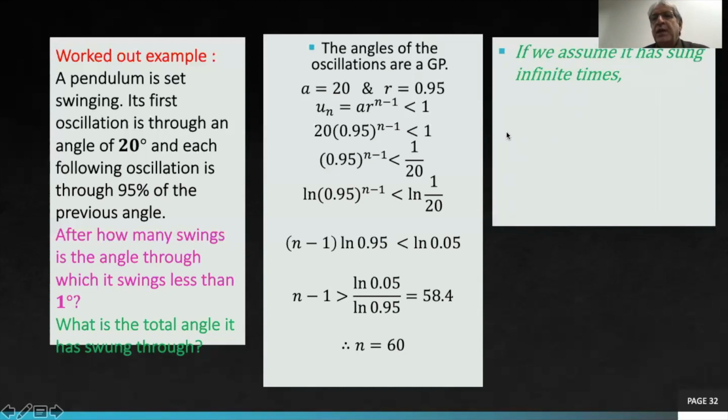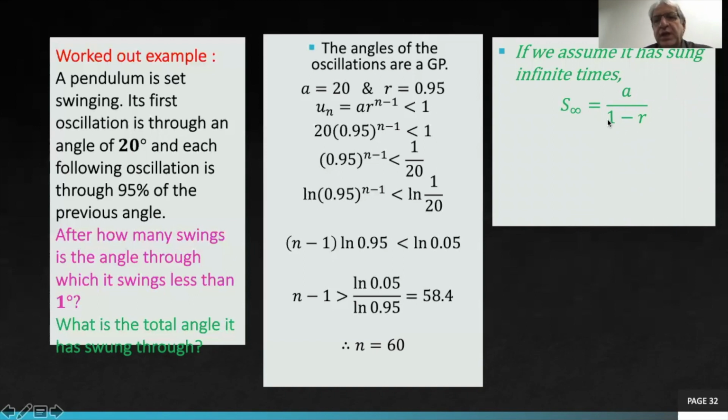Now, if we assume it has swung infinite times, that means after some time, as we have discussed, the terms are so small we can neglect them, and the sum will be the sum to infinity. Therefore, now we can use S to infinity, a divided by 1 minus r.